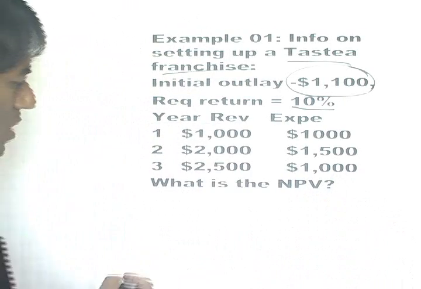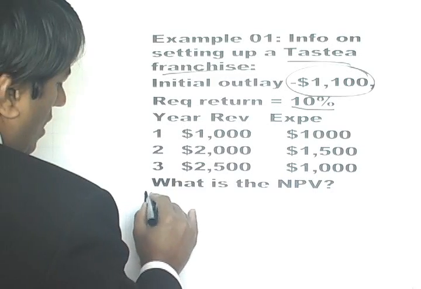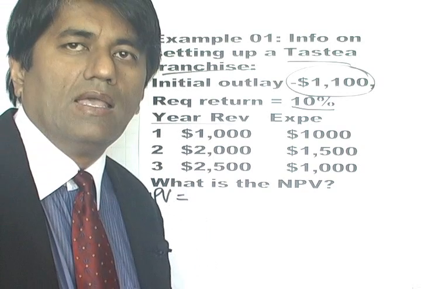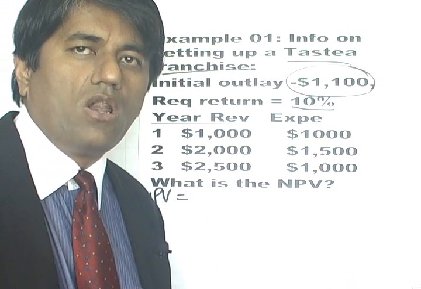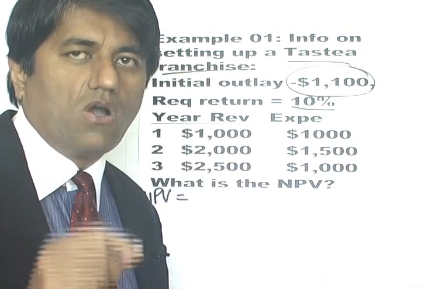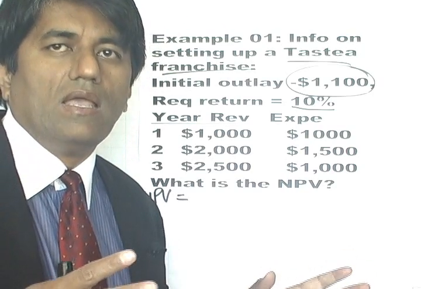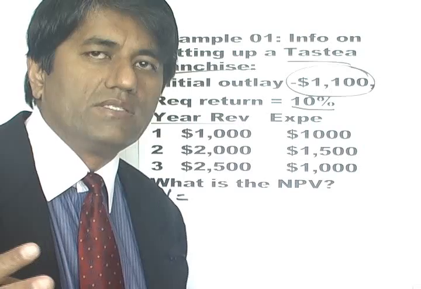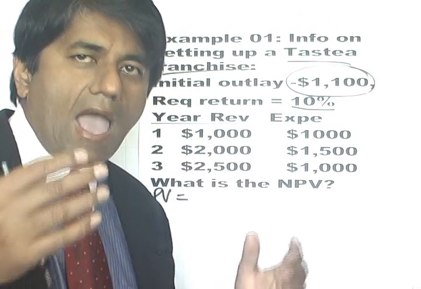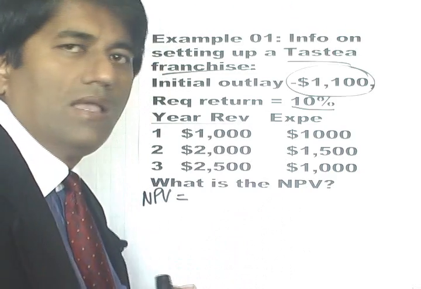So what is the NPV going to be? Well, the NPV is going to be the sum of all revenues and costs, and you put a negative for the costs, or you can say the sum of all revenues minus the sum of all costs at the present time.